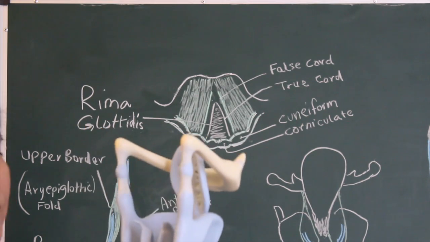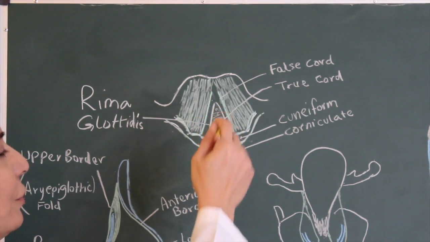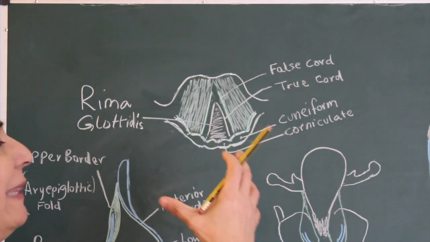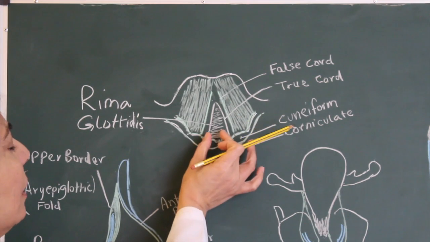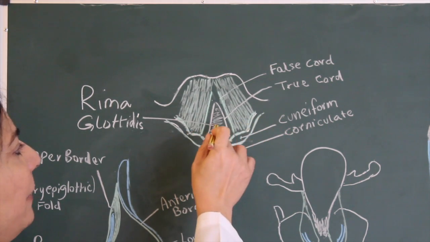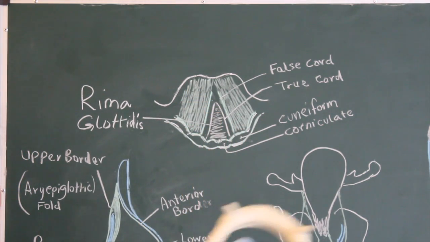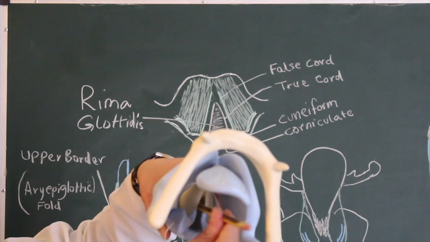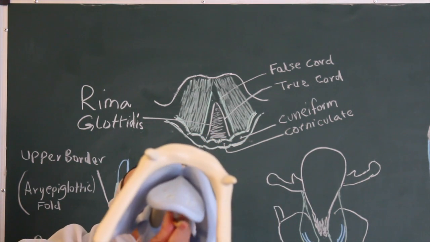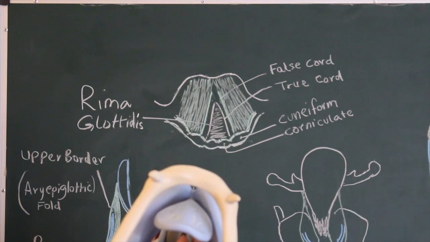Then the region below, which is visible when you ask the patient to breathe in deeply, his vocal cords will be abducted to the most, and you will be able to see the inside of the larynx. That region, where I'm pointing my pencil, is known as the infraglottic region.